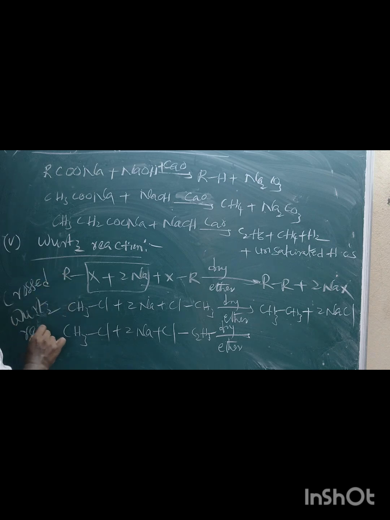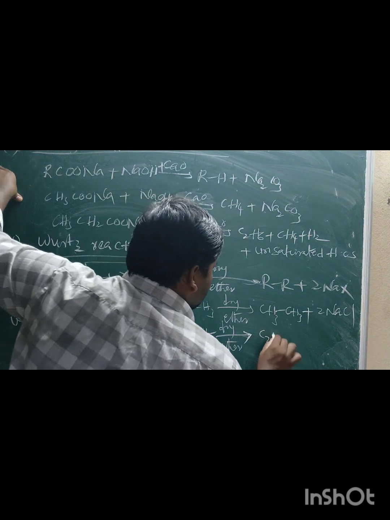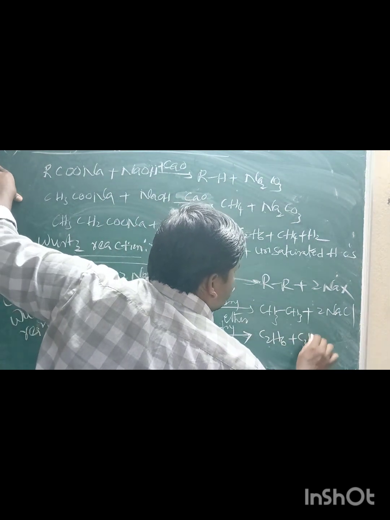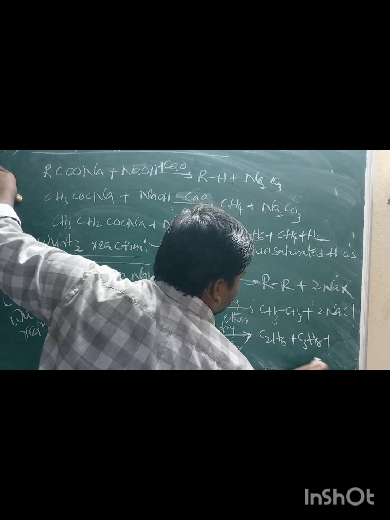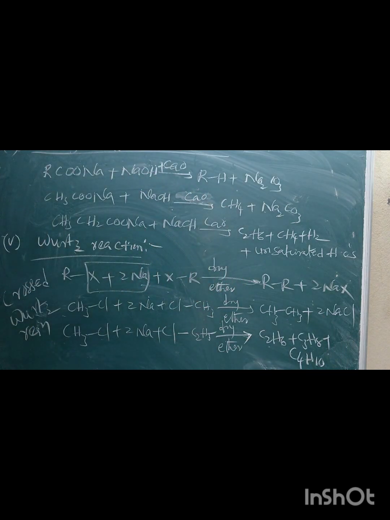There are 3 types of products formed: C2H6 ethane, C3H8 propane, and C4H10 butane.